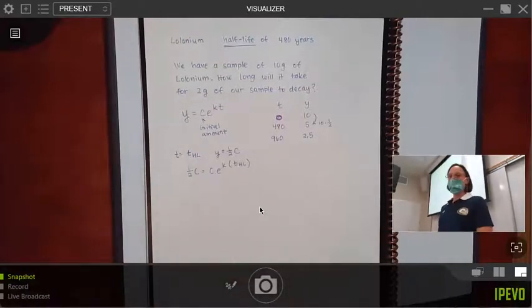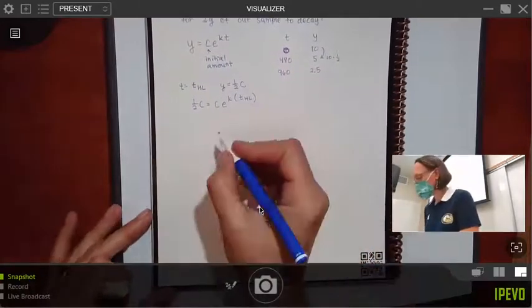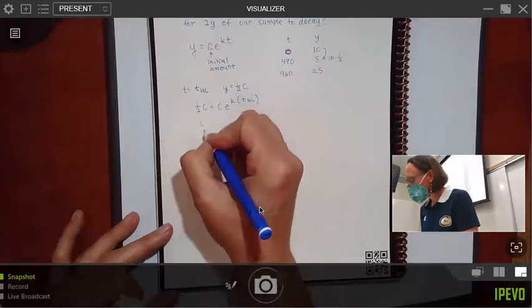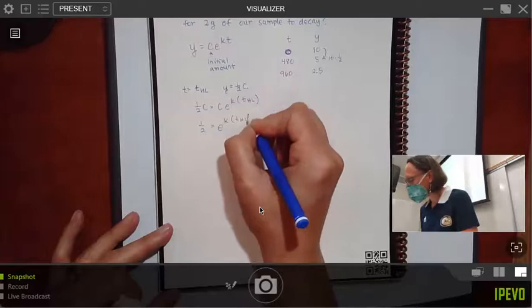So I can divide both sides by C, and I'll have 1/2 is equal to e to the k times T half-life.